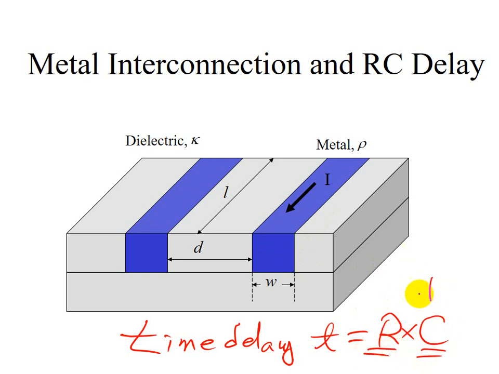So this is where you develop low K dielectric materials. The dielectric material here is not used for a charge storage device, but as an insulator between two conducting wires. That is where the low K dielectric material plays an important role.